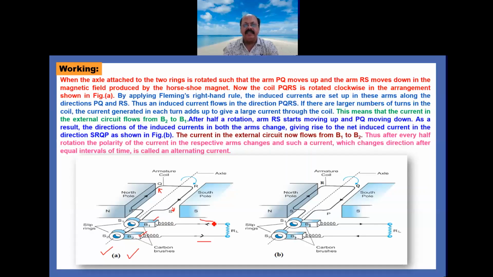The actual meaning of this is that the potential at B2 is higher than the potential at B1. So that's why the direction of the current that flows in the external circuit is from brush B2 to B1. And in the external circuit, a load resistance RL is connected.